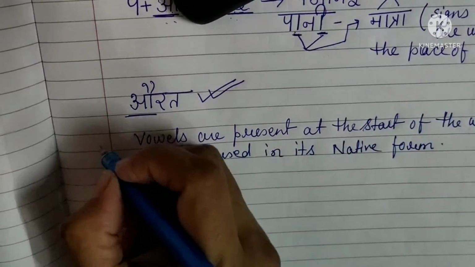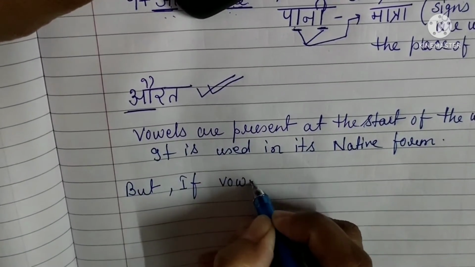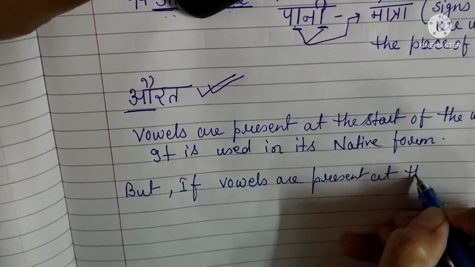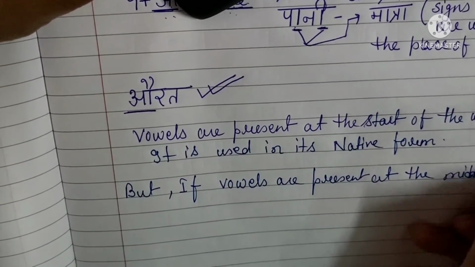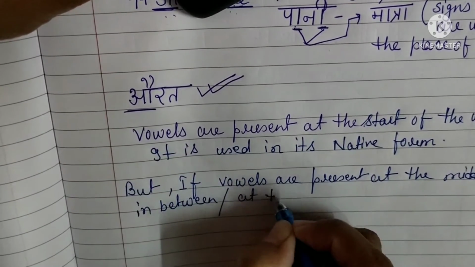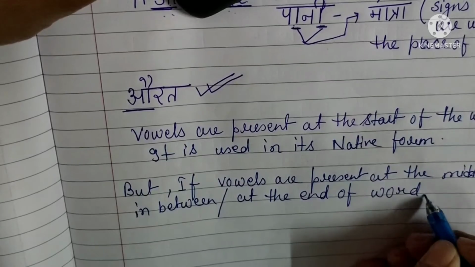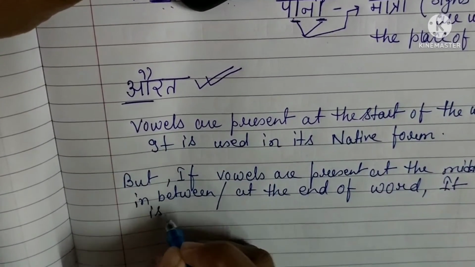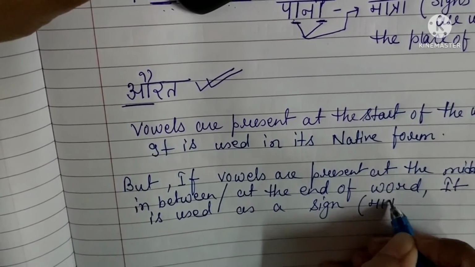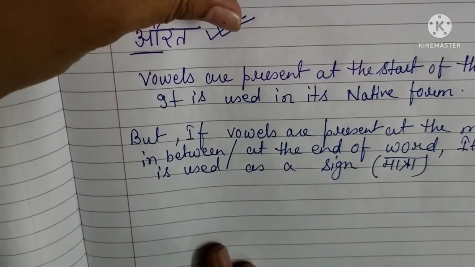But if vowels are present in the middle, in between, or at the end of the word, they are used as a sign, and that sign is called matra. Understood? So now I will tell you how all these matra look.